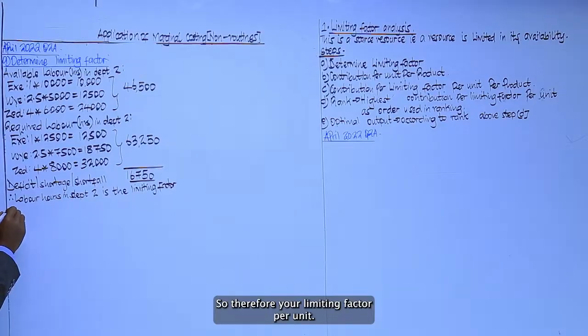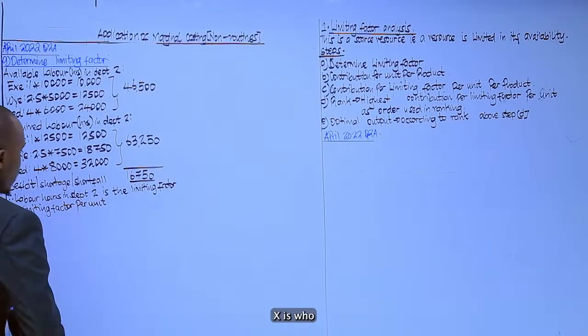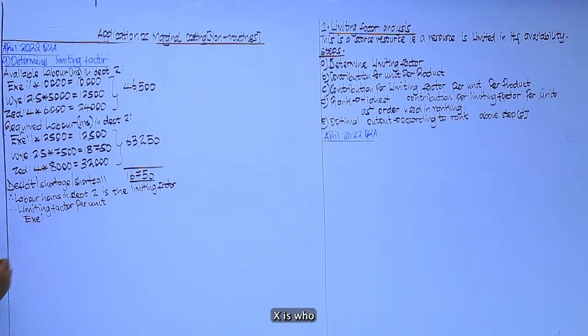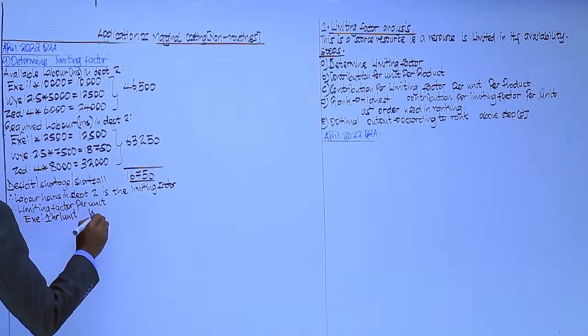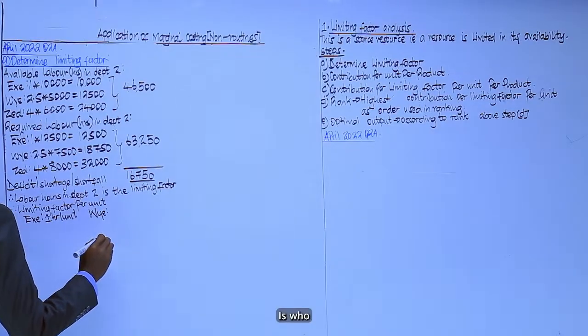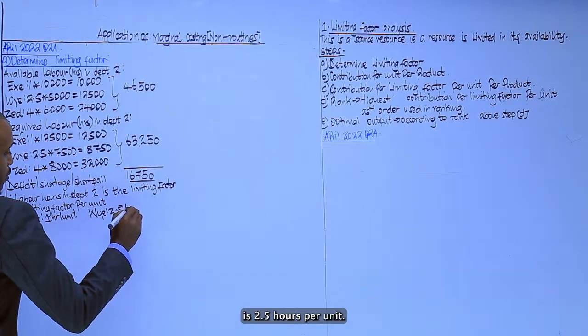So therefore, your limiting factor per unit, X is 1 hour per unit. Y is 2.5 hours per unit.